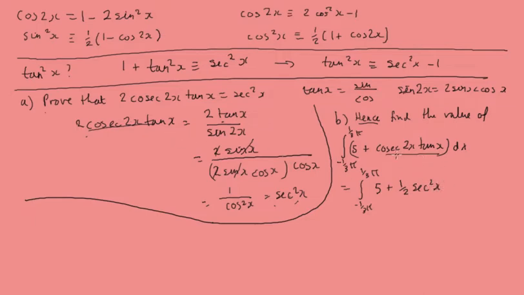And because there's no 2 here, it has to be a half sec squared x. And so it's going to give us 5x plus, the integral of sec squared x is tan, so it's going to be a half tan x.